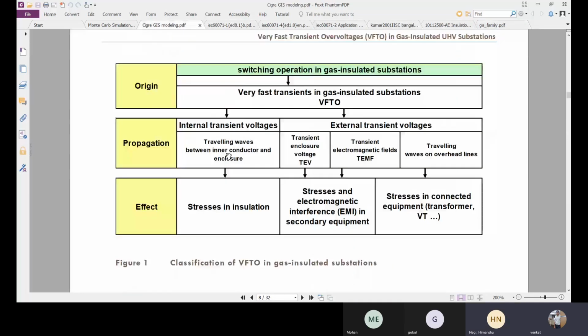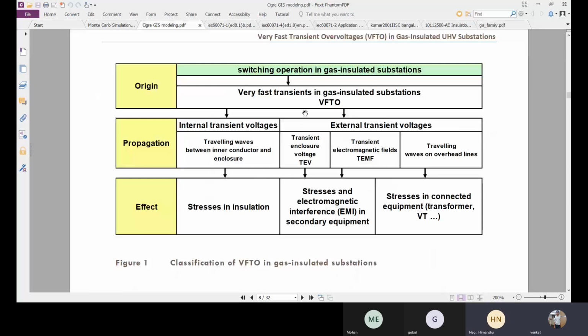What we are discussing is the internal transient voltage and external transient voltage. Yes. Okay, how this internal transient voltage will be developed: this is the voltage developed between a conductor and an enclosure, right? We have an enclosure and we have a conductor.